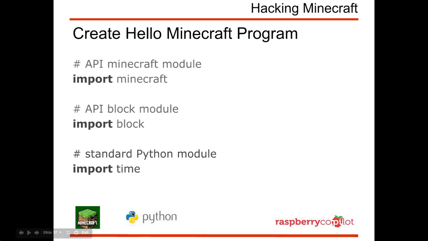They work with Minecraft. But this is just a standard Python module, the time module, which we've used before. So again, in these modules you're importing a bunch of more complicated functions that have already been defined, so that you can call these functions later on in your own program.